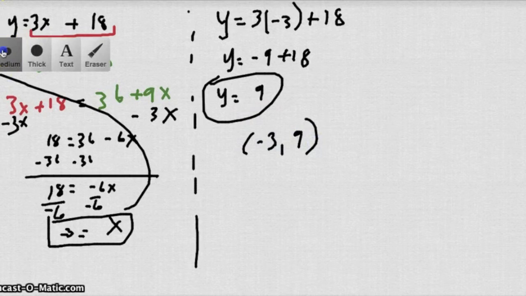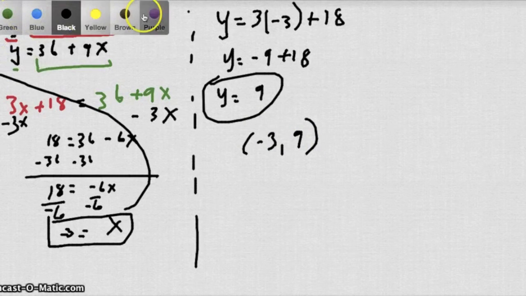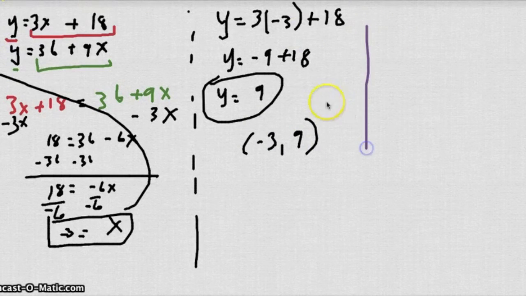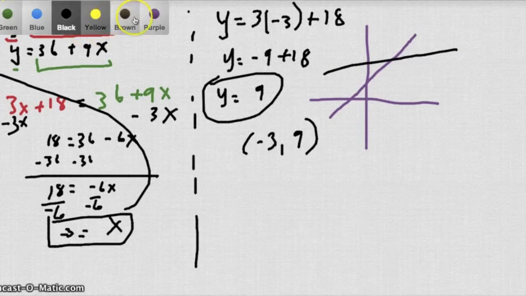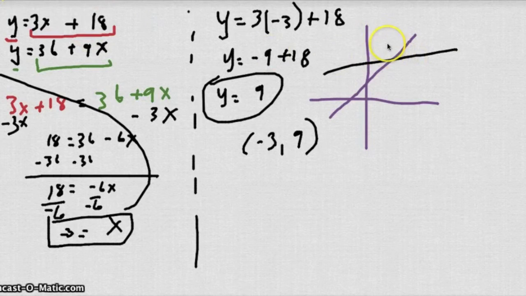What it means really is that when you graph the equations, let's say for example, that's the 3x plus 18. Remember, this is just an example. It's not really the accurate one because the scaling will be a little bit different. And that is 9x plus 36. What we're looking for in a system of equations is where the graphs intersect.